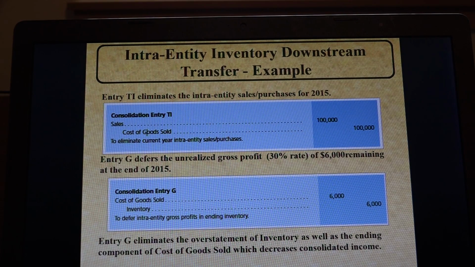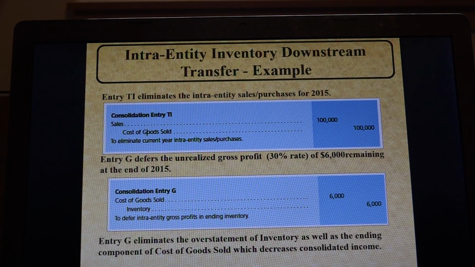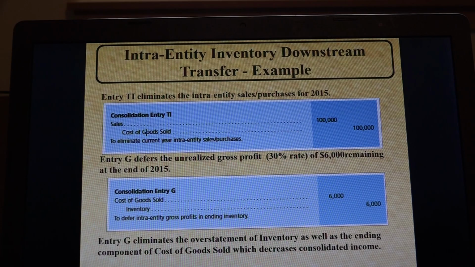Our income is still overstated by the 6,000 gross profit in 2015. We're not going to recognize that till 2016, so we've got to increase our cost of goods sold to reduce income in 2015. Then we'll turn right around and do a star G for 6,000, just like we saw earlier at the beginning of 2016, right?